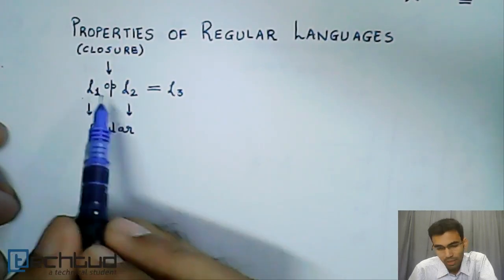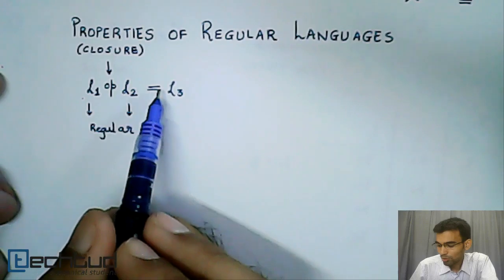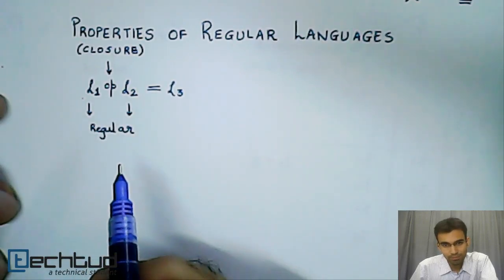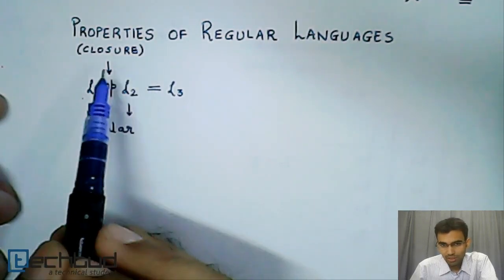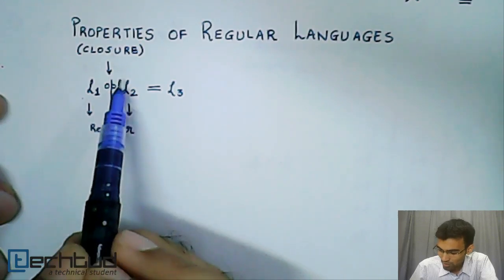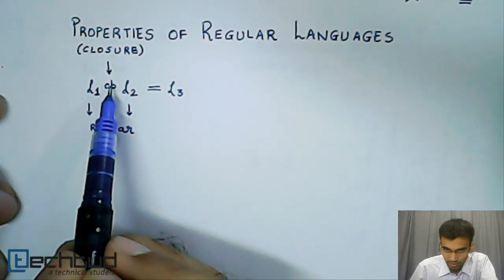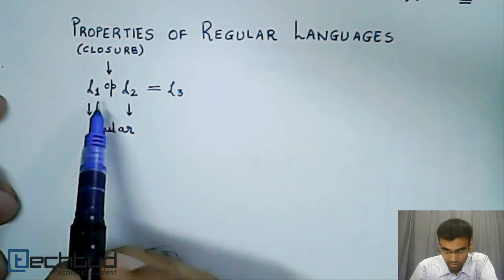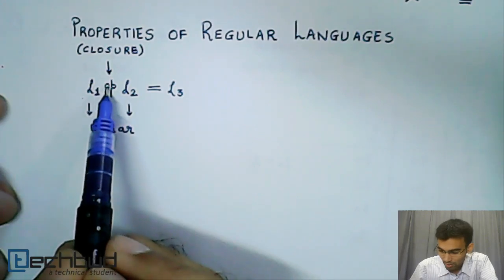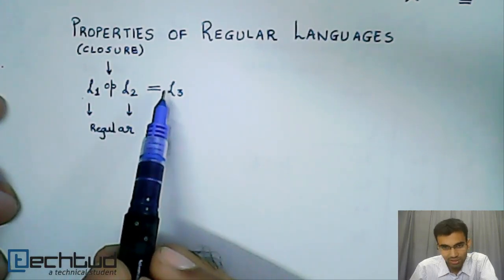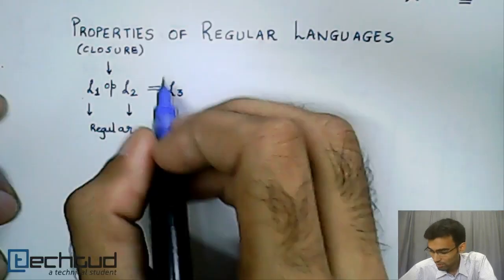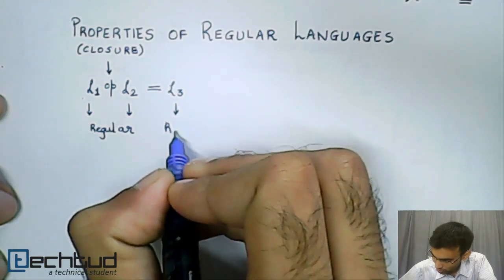It takes in two languages and produces a third language, L3. Closure properties state that, given two regular languages, the operation OP produces a third language which is also regular. So L3 is also regular.